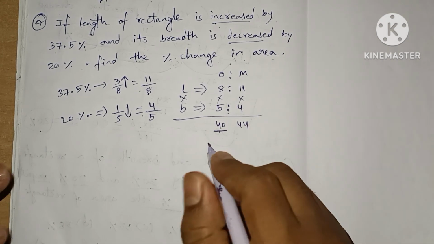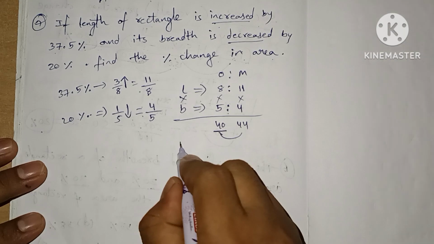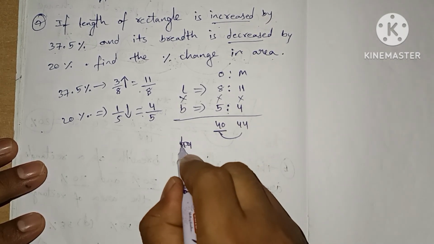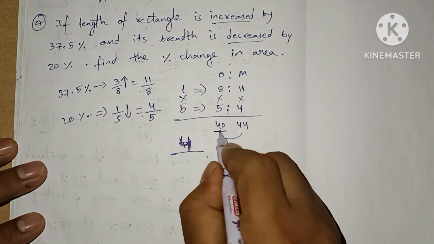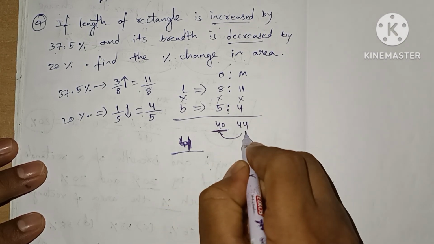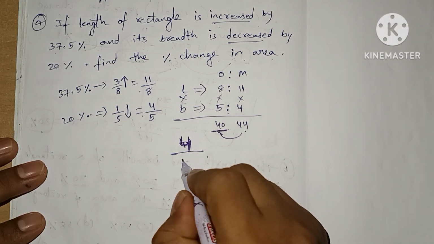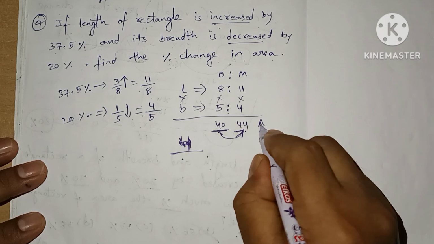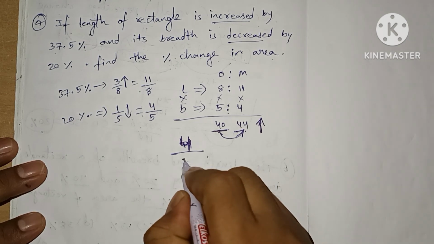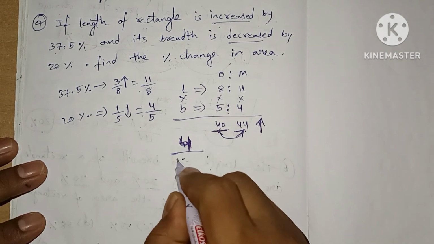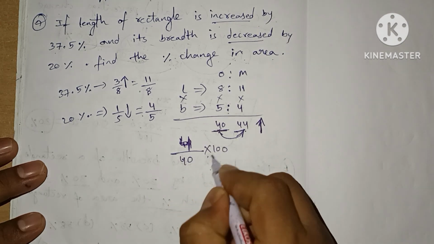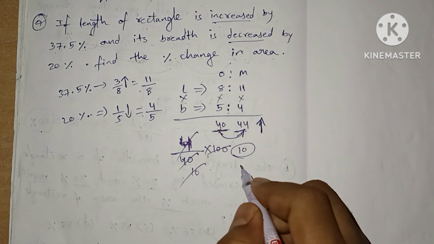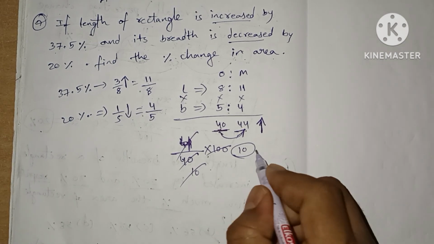It is the difference between these two, 44 minus 40, which will be 4, divided by the initial value, 40. Since it is increased, in the denominator we take the smaller value, which is 40, into 100. 4 by 40 is one tenth, so the answer will be 10 percentage.